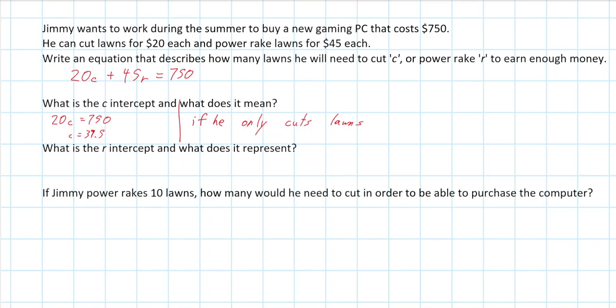Okay, doing the same thing for the R-intercept, we'd get 45R equals 750. And then R equals 750 divided by 45. I'm just going to plug that in my calculator. And we get 16.6 repeating. Okay, so basically it must have been a fraction.